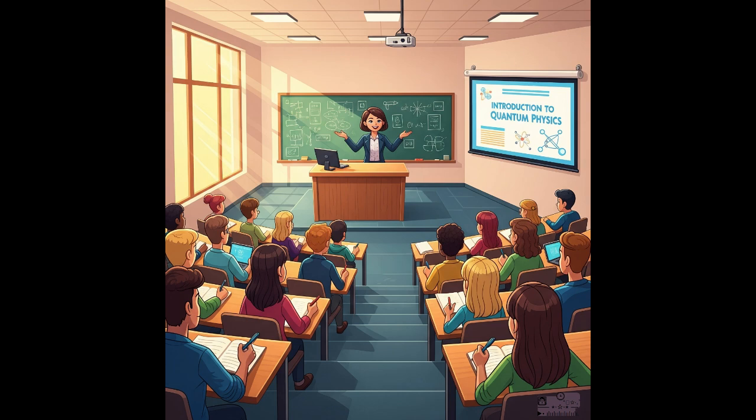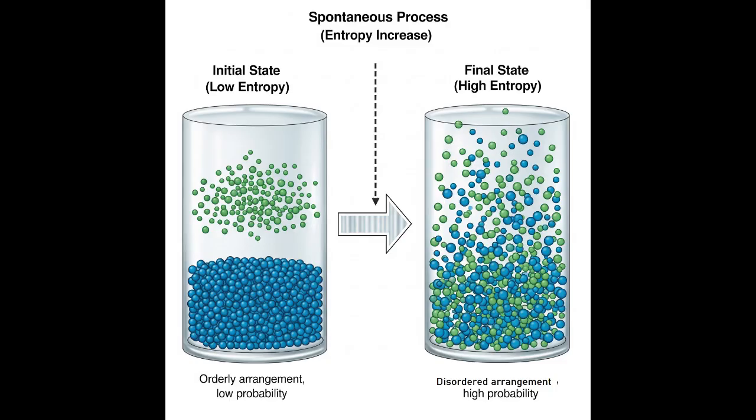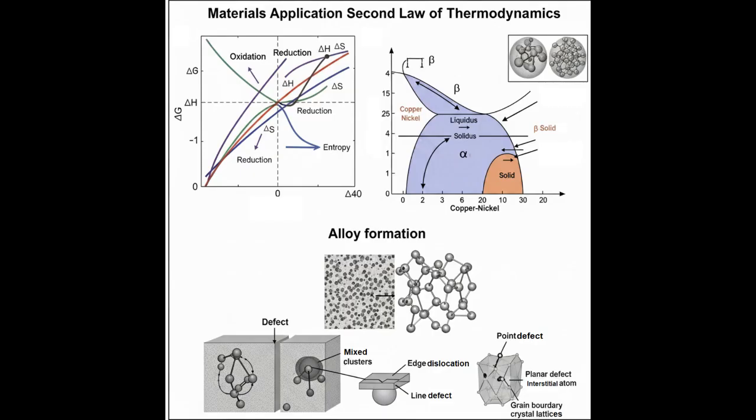So to recap, the second law of thermodynamics is the compass that guides us in understanding the direction and spontaneity of natural processes. It introduces entropy, a measure of disorder, and states that for any spontaneous process, the total entropy of the universe always increases.